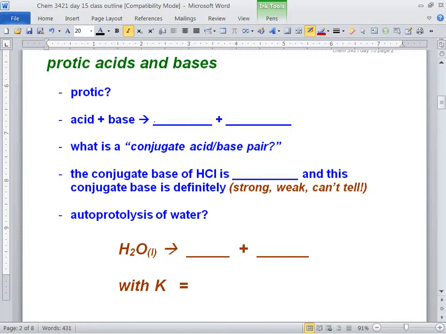Protic kind of sounds like proton. Yeah, you're pretty close. It's going to generate, or it's going to provide, the protons.